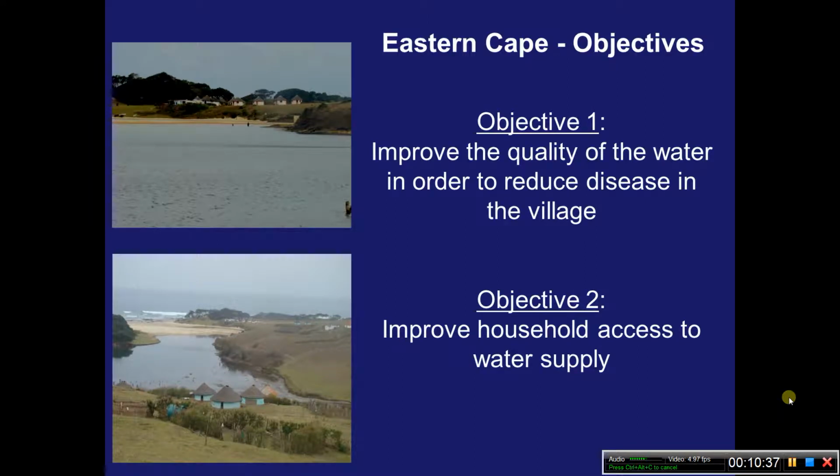So the vision can also be articulated as objectives, and in the same project with rural water supply, we were also working in the Eastern Cape. This is in Bulungula, and that's the Bulungula River you see on the bottom, an estuary, and this area does not have piped water or sanitation, and we were looking at what are various alternative means of improving their water supply.